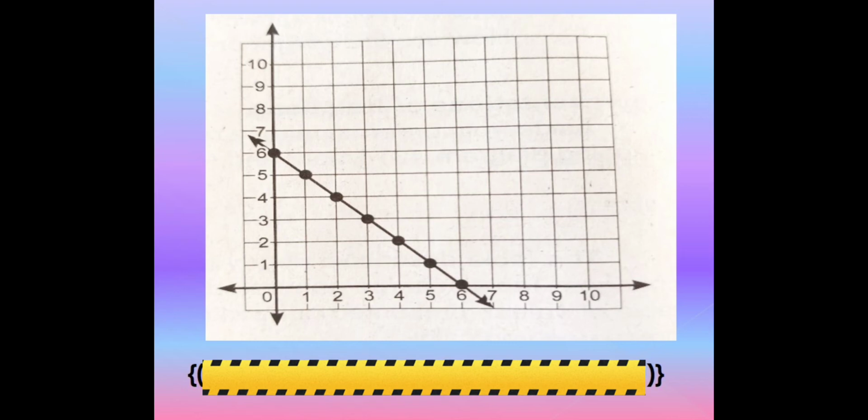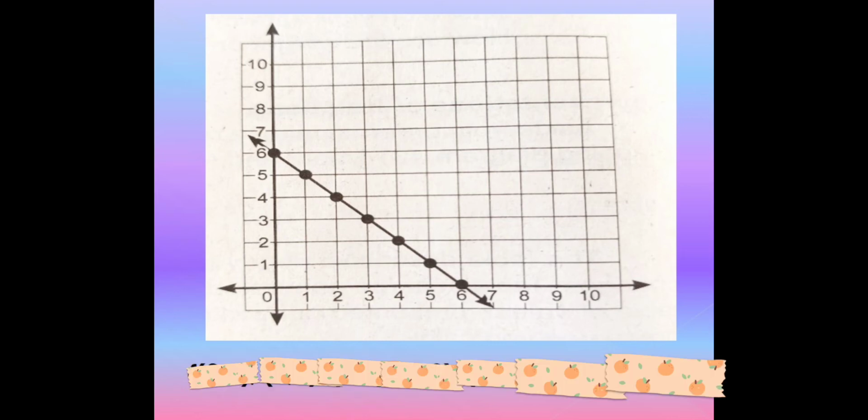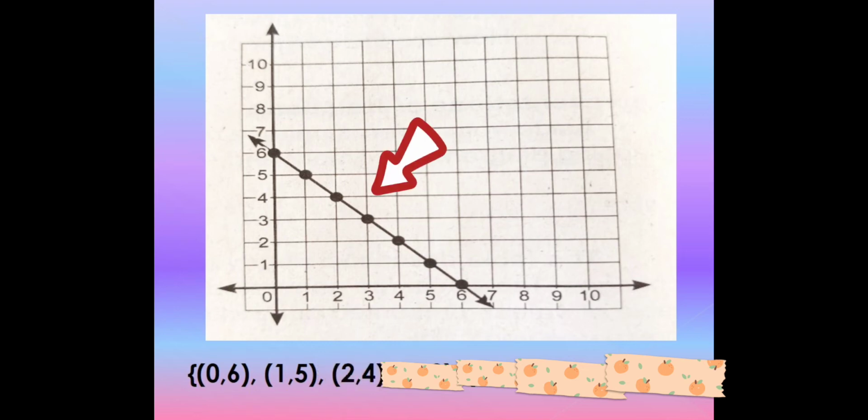Let's start with the upper point. But first, you write your braces. So what is the ordered pair of the upper point? Correct. It is (0, 6). Next, correct. It is (1, 5). Then (2, 4).